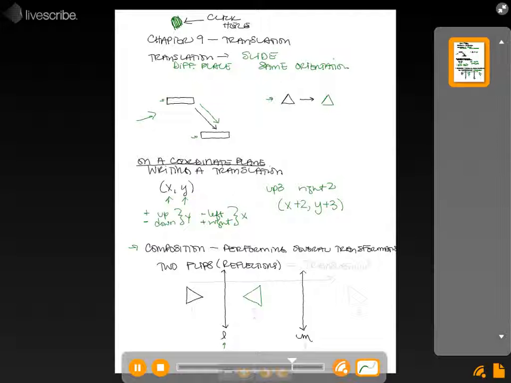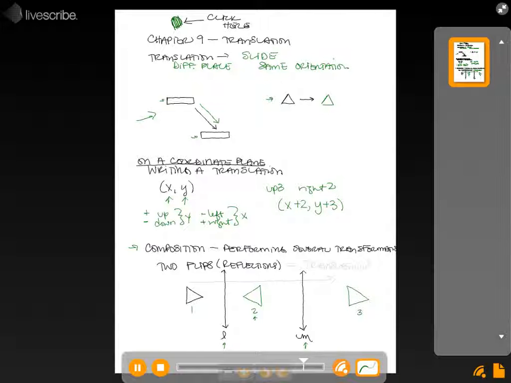Okay? Now I'm going to reflect my triangle again, but this time I'm going to reflect it over line M. Again, same shape, different orientation. So this is what I started with. This is after I reflected it the first time, and then I reflected this figure to get the third one.